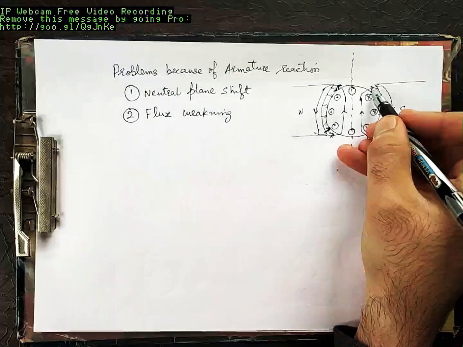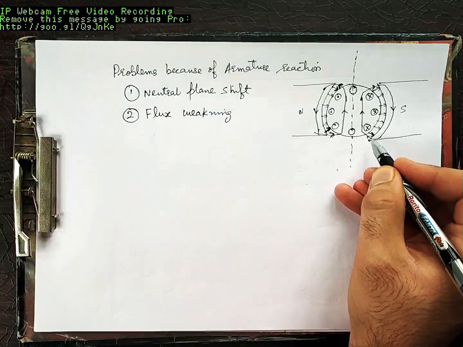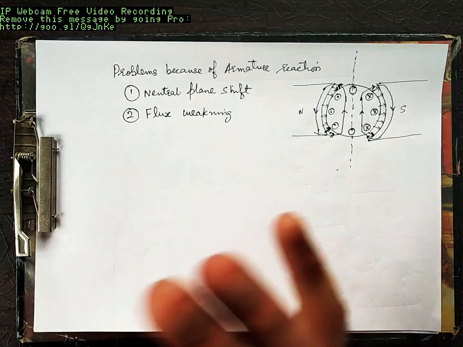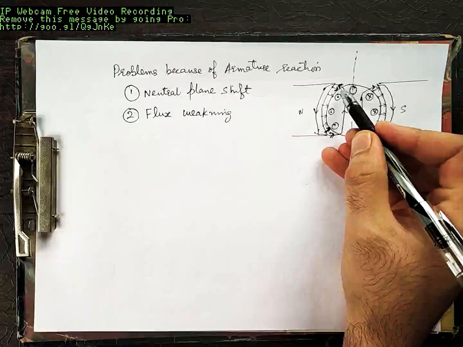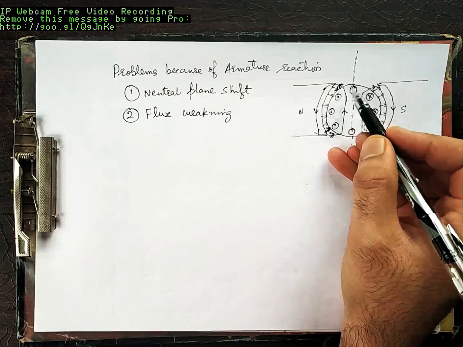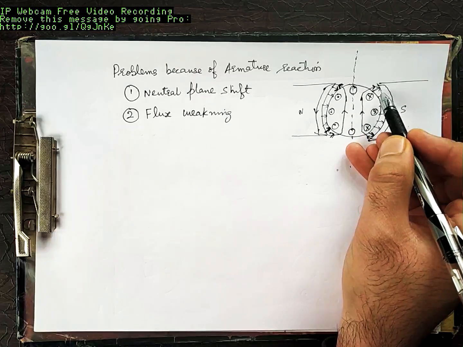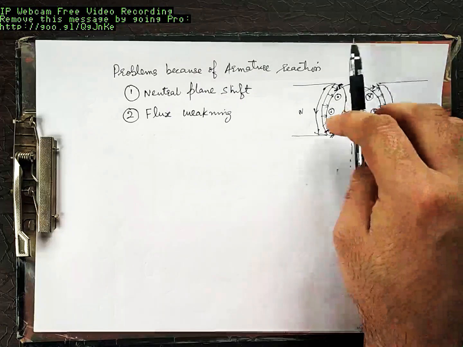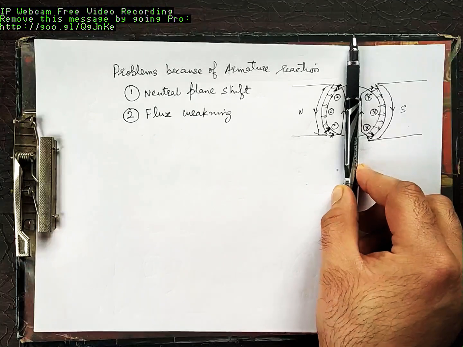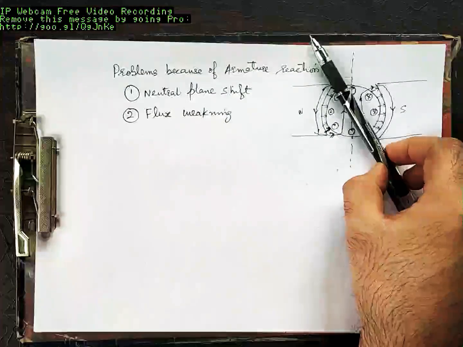Here the two fields add together; here the two fields subtract from each other. Let's try to understand what I am saying. Here two fluxes subtract from each other; here two fluxes add to each other. So this effectively means that the magnetic neutral plane is not here. It is being shifted in this direction.